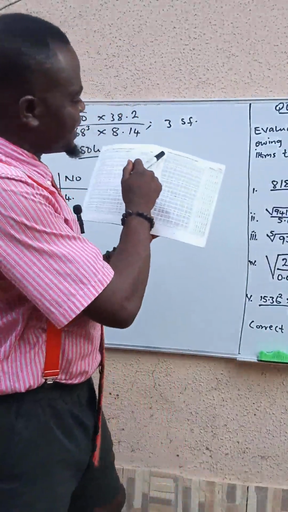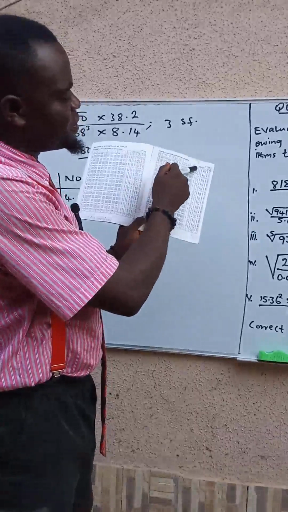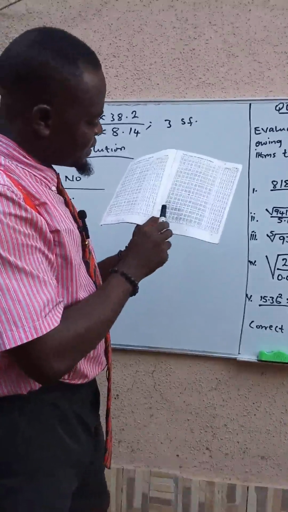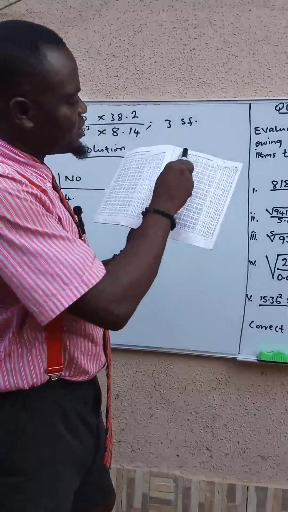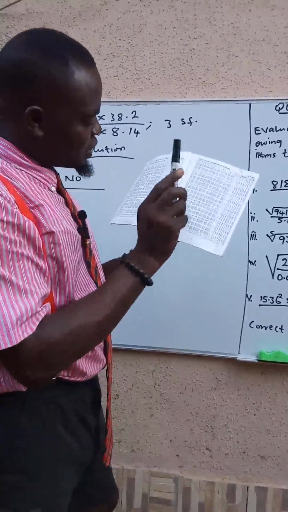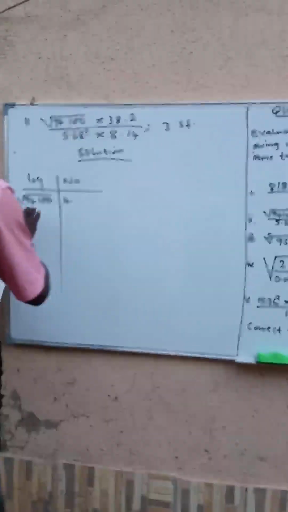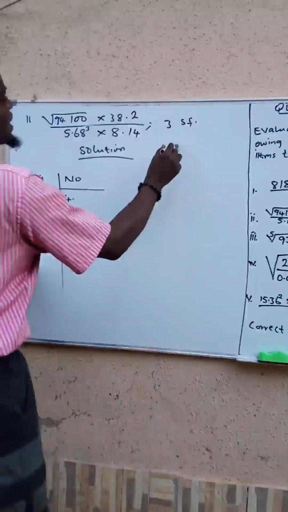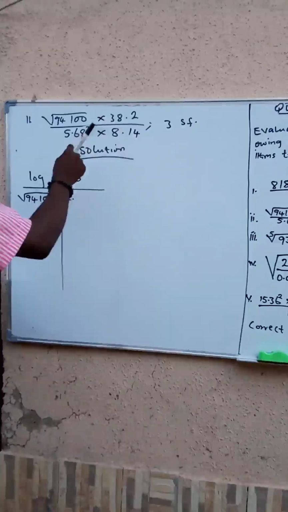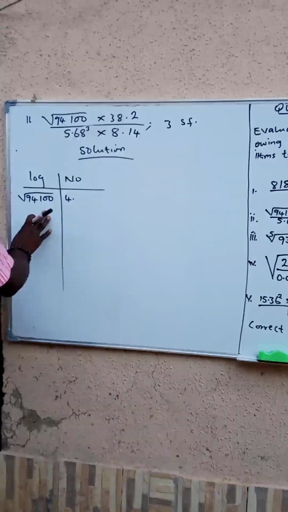After this x, you see 0, 1, 2, 3 up to 9. So 94 is here. This first one is under 0.